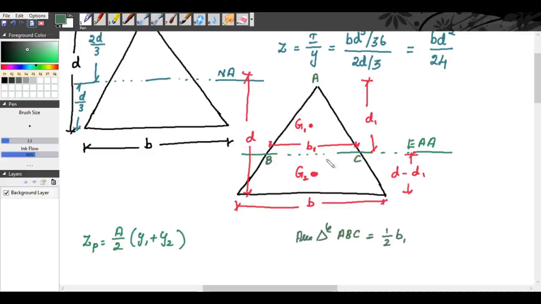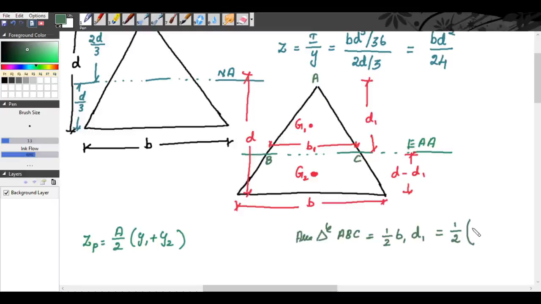B1 into depth D1. But we know the area of this triangle is half of the area of the total triangle, because this equal area axis divides this part and this part equally. So the area of triangle ABC is half into B1 into D1, that is equal to half of the area of the larger triangle.